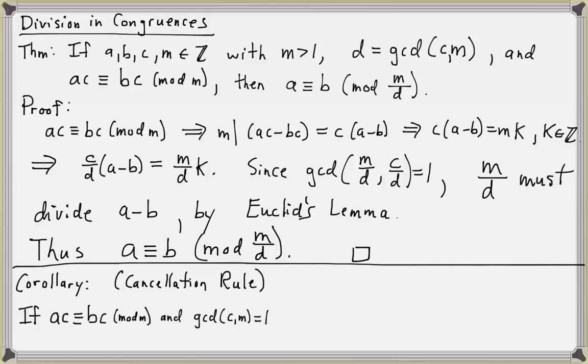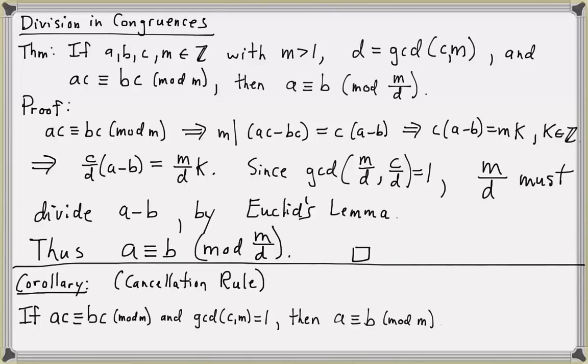In other words, we can divide both sides by C without changing the modulus. Then A is congruent to B mod M. This is just a quick corollary from the previous theorem because we're assuming that the greatest common divisor was 1.